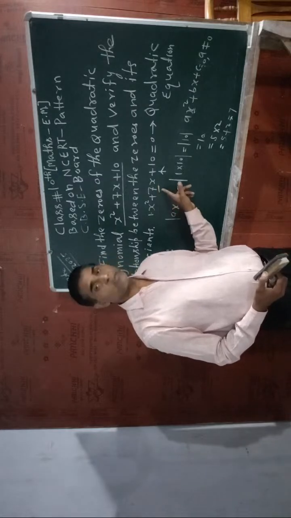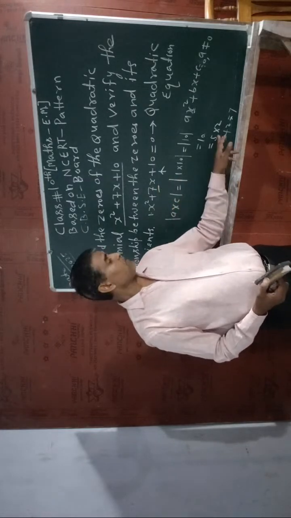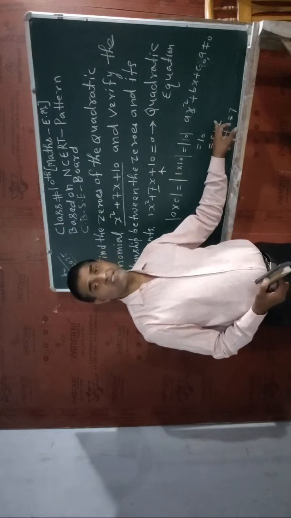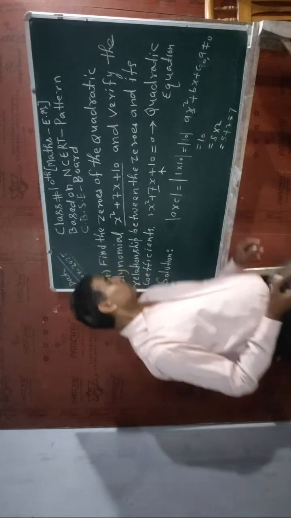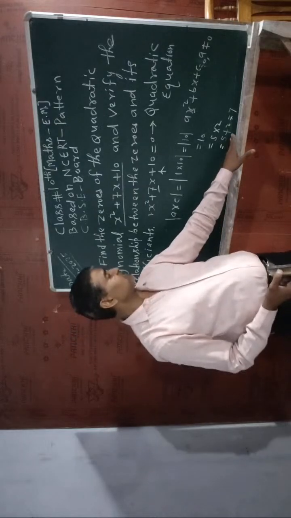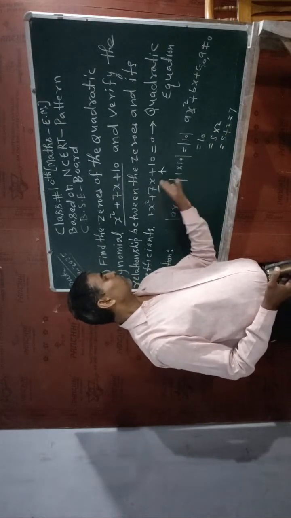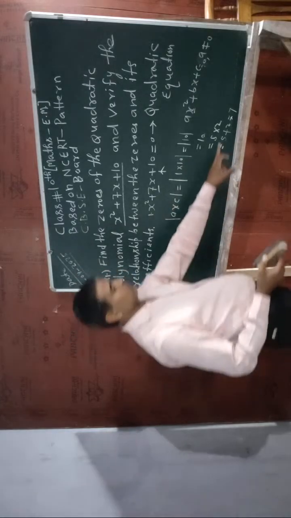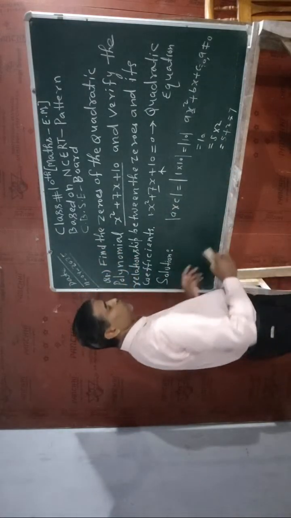Here the coefficient of x is 7, so 5 plus 2 will be 7. So this factor is okay. Good. So I will use this concept to factorize this. I have already got two factors, and these two factors I will use.